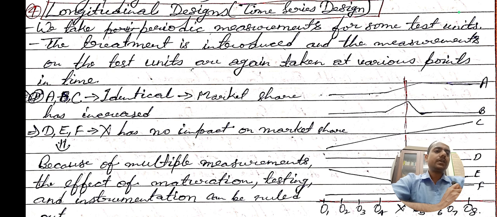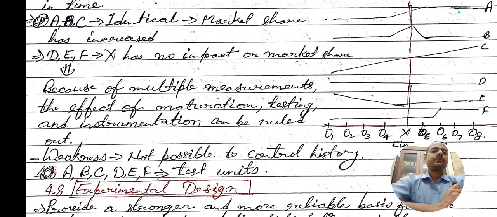Now you can observe here on the right hand side. So A, B, C, D, E, F, these all are test units. Treatment is introduced on these all test units, and measurements on the test units are again taken at various points in time. And then we observe how the test units had changed due to treatments.